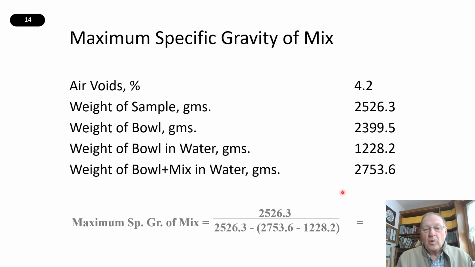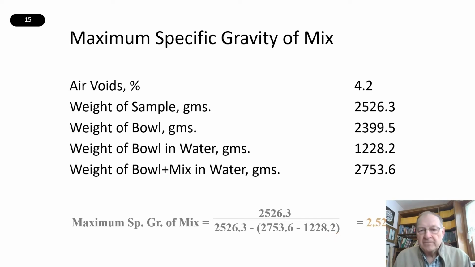And so here we plug the numbers in, and we have the weight of the sample in air divided by the weight of the sample in the air minus the bowl and the sample underwater minus the weight of the bowl underwater.